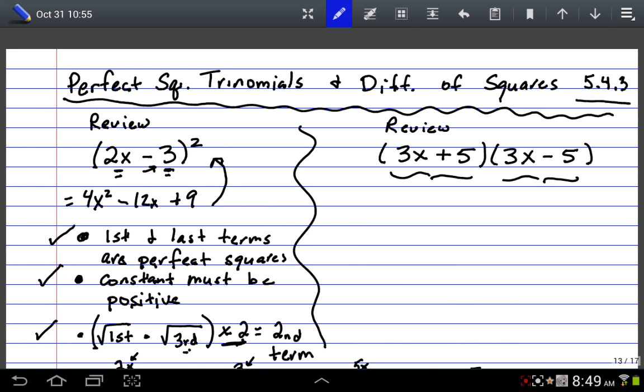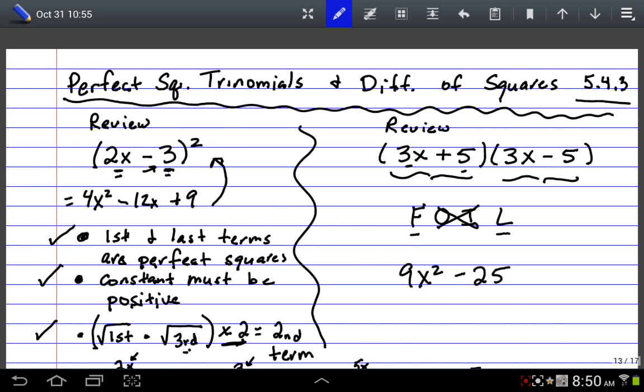So recall, those are called conjugates of each other. And when I do the full method with conjugates, recall what happens when you do first, outside, inside, last: the outside and inside terms cancel. So all you have to do is just first and last. So if I multiply this here, I would get 9x squared for the first, and then 5 times negative 5 would be negative 25 for the last.